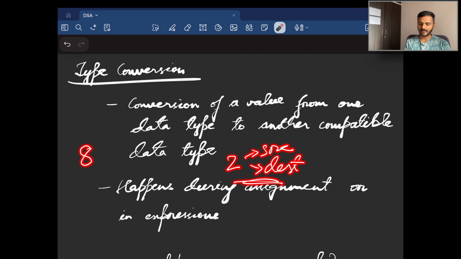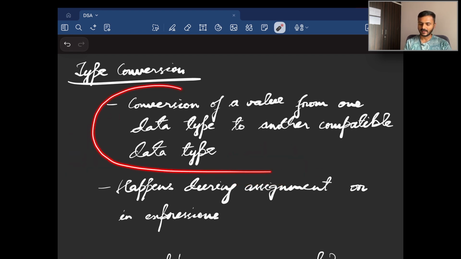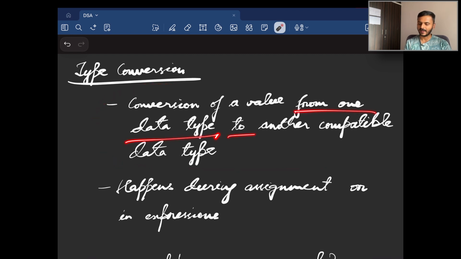And we know that there are a total of 8 data types. So knowing that, we can get a total of 64 pairs. And these 64 pairs include those pairs as well where source and destination are the same. But if we take a look at the definition again, it says conversion of a value from one data type to another compatible data type.